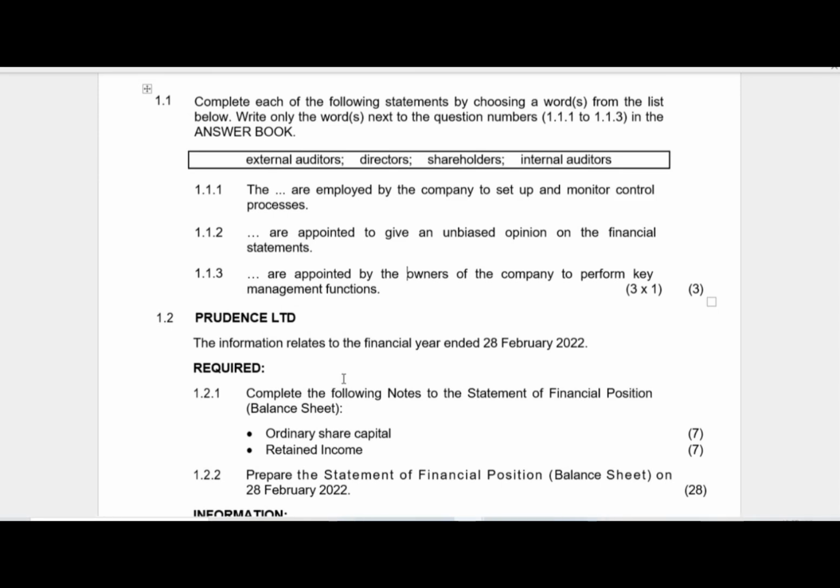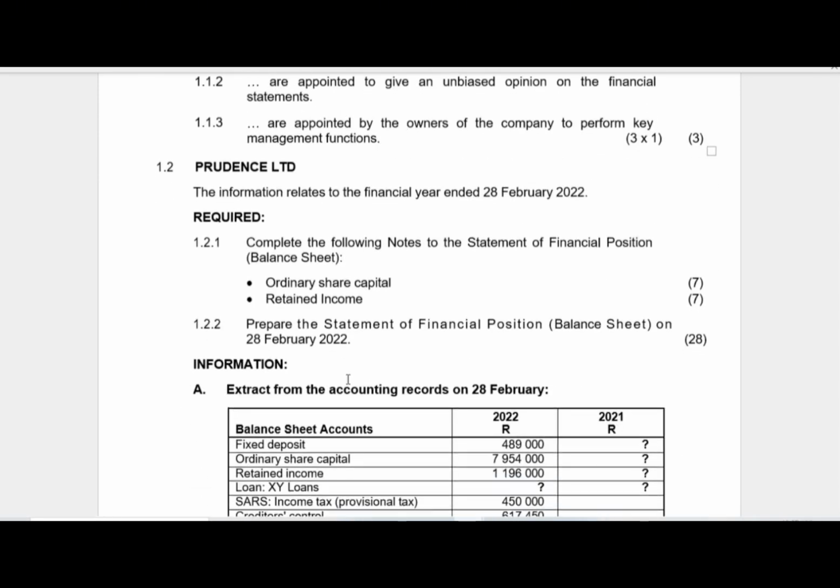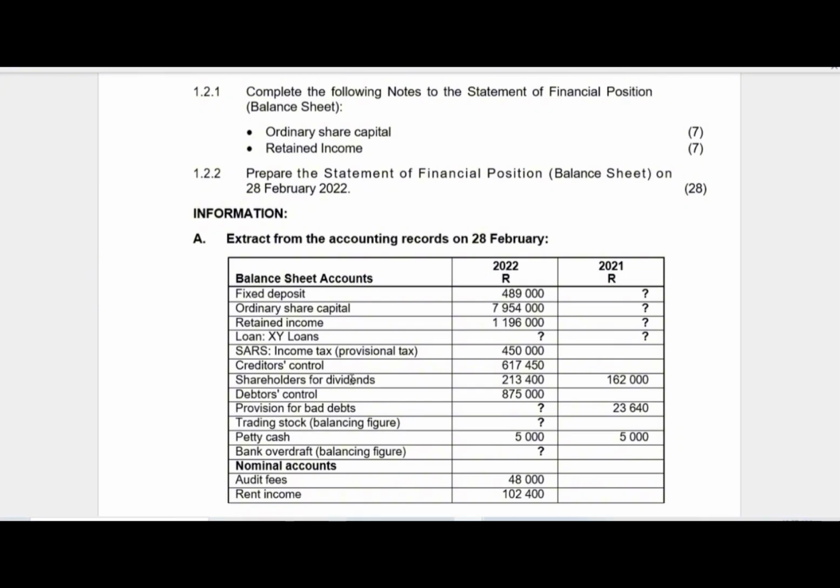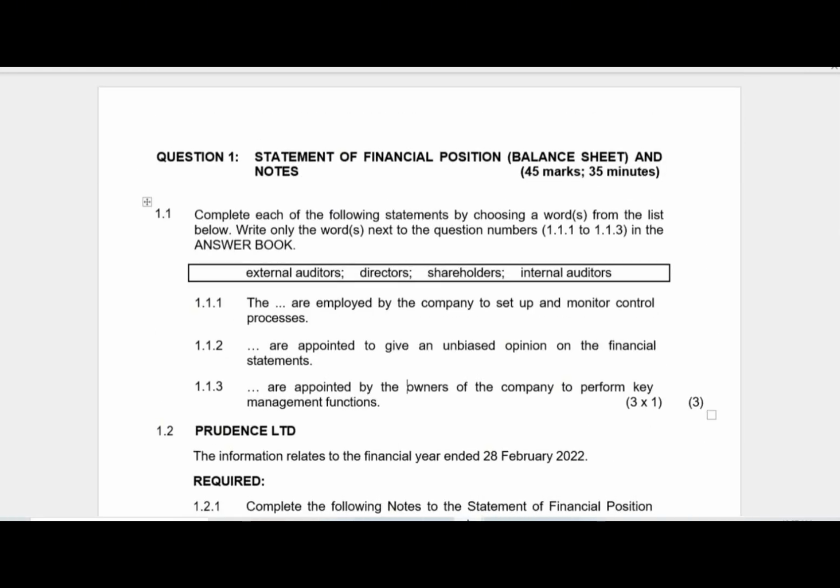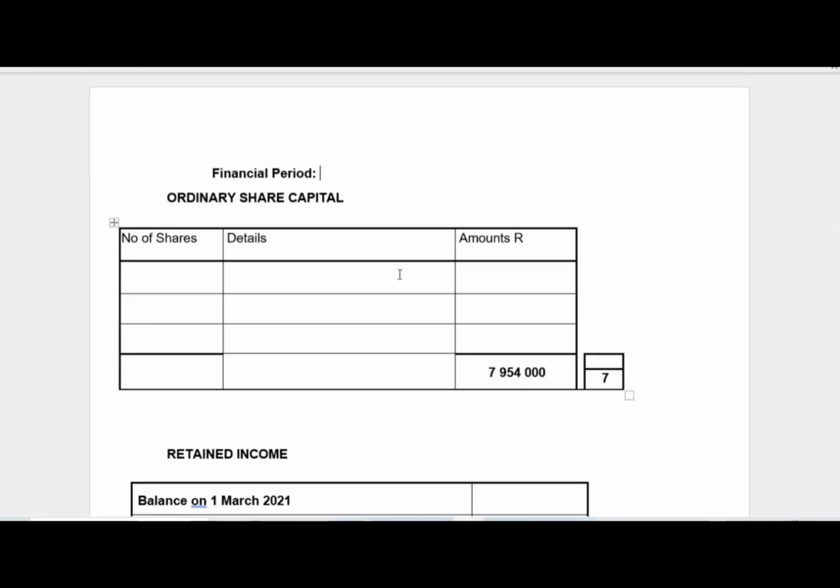So the financial period: your year ended 28 February 2022. And then when did you start? Because that's how we determine the financial period in accounting. Do not start a question without outlining this financial period. It will be guiding you because it's the one that guides you how to identify the opening balances, the closing balances, how to determine a lot of things.